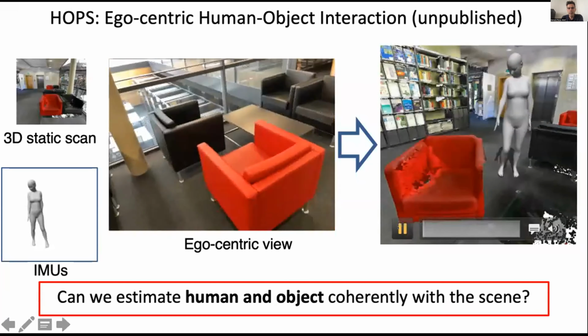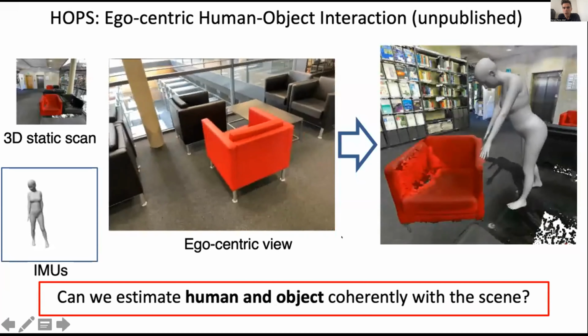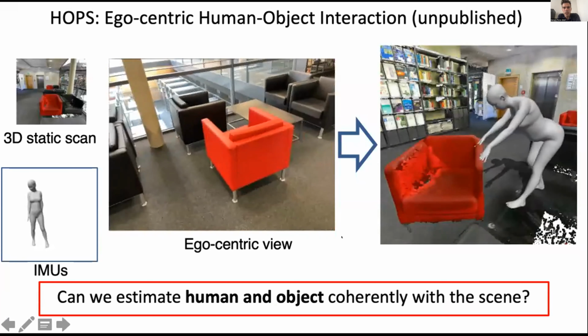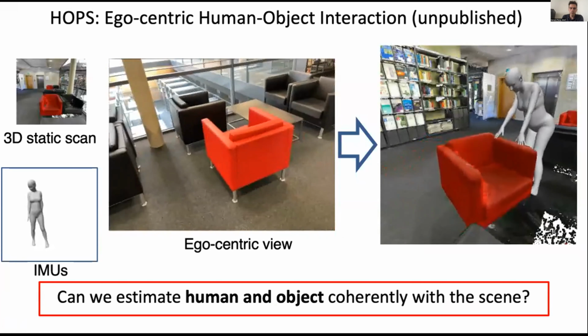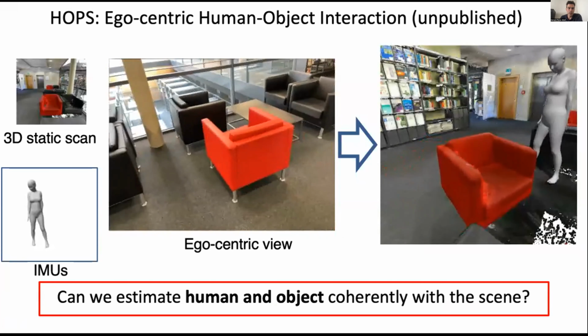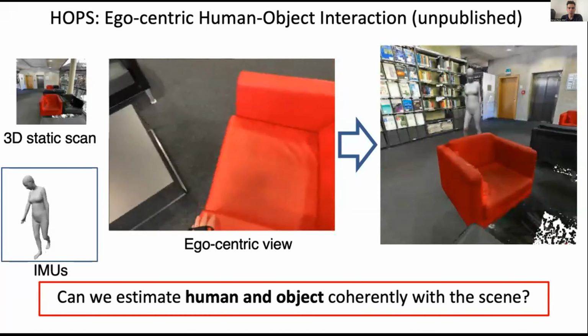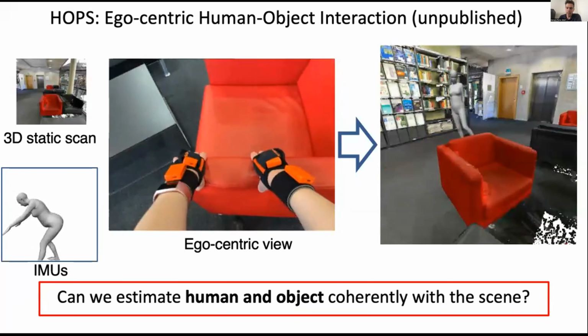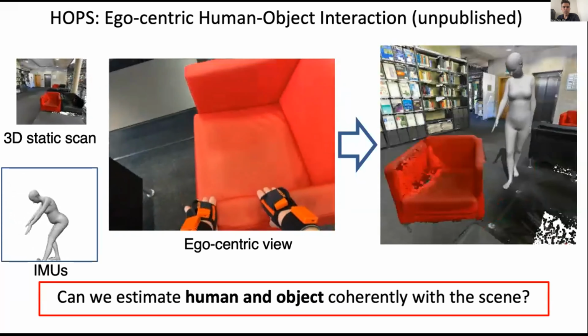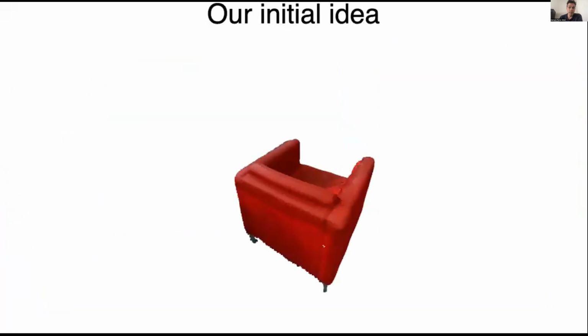The question is, can we recover not only the human motion, but also the motion of the object, as you can see here? That's a question that we are investigating, and this is ongoing work, and we have some progress in this direction, but know that this is a very exploratory research direction because there are many challenges.